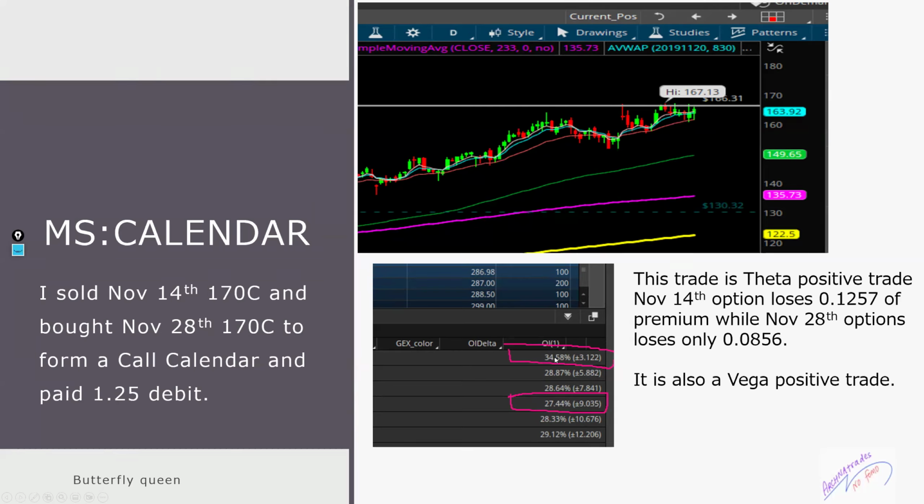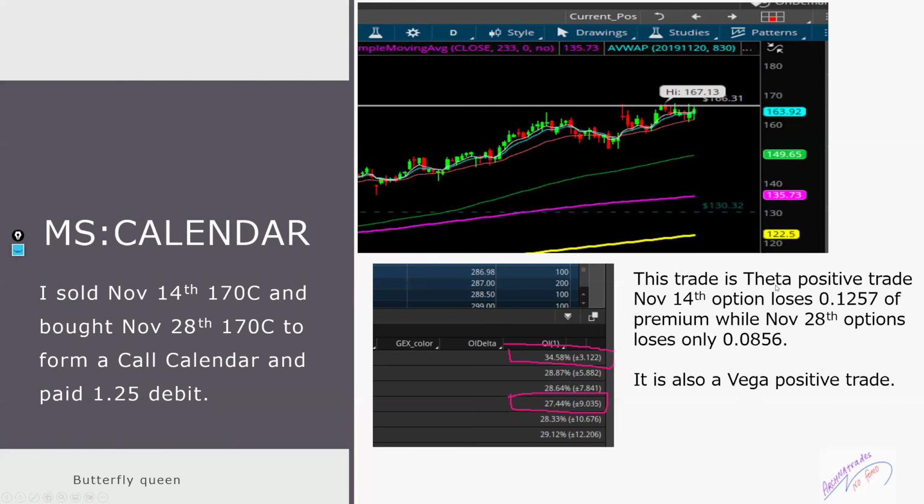So the difference in the IV is I sold the higher IV, bought the lower IV. That's why it's a Vega positive trade. Plus, it is theta positive because the November 14th 170 will expire. The premium will decay faster than the 28-day out premium, which will decay slower.